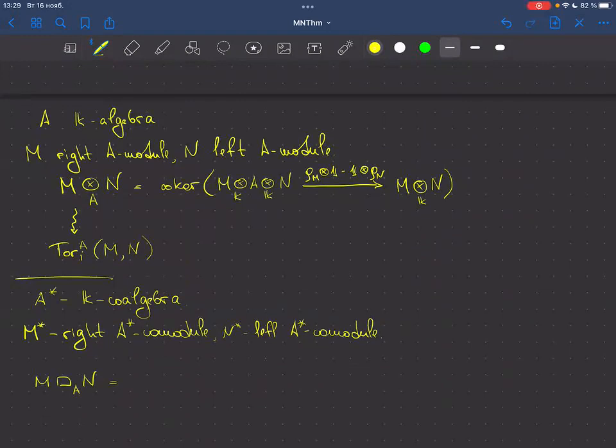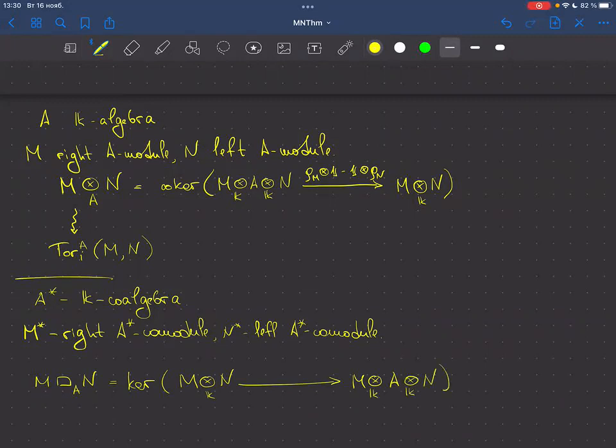Any suggestions? The kernel of a map from M tensor over k N to M tensor A tensor N over k.